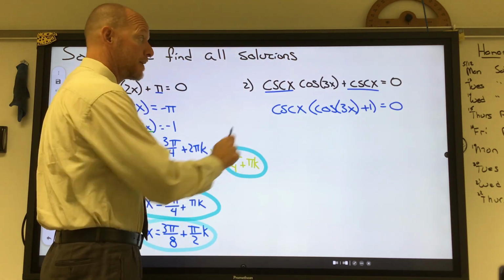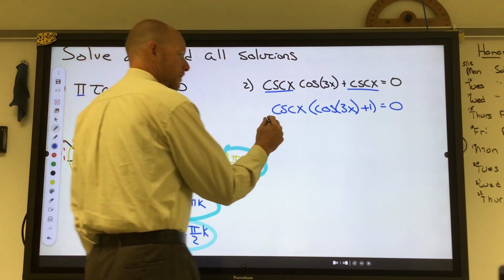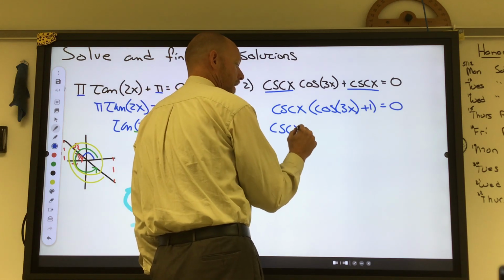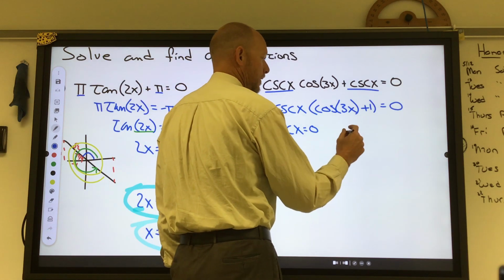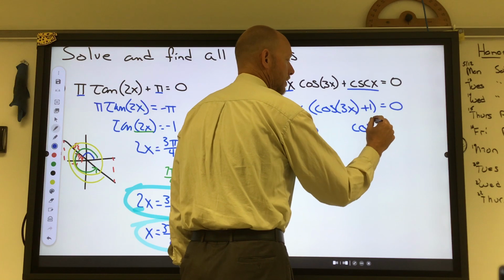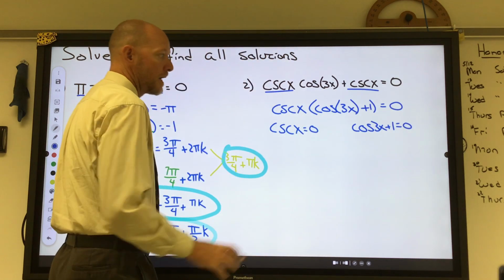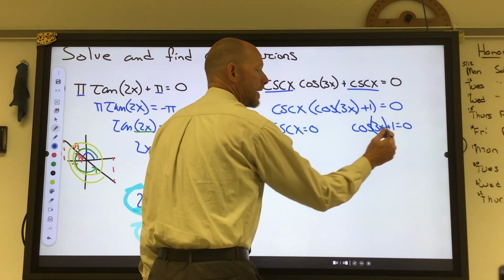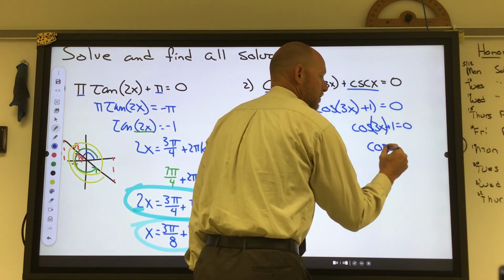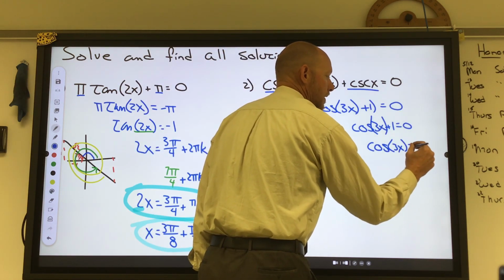So now at this time, I can apply the zero product theorem. I could say cosecant x equals 0, cosine 3x plus 1 equals 0. I want to go ahead and isolate my trig function, so this is going to be cosine of 3x equals -1.